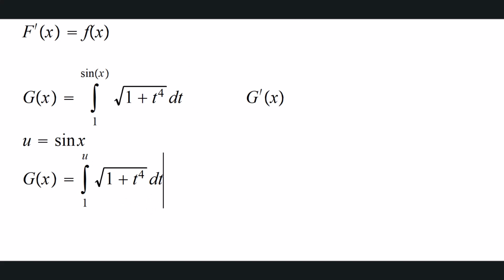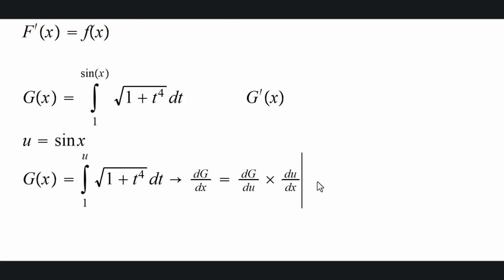So if we are looking for g prime, that is dg over dx, then you can write it as a product of dg du, that is the derivative of g with respect to u first, and then multiply it by the inner portion, the way you did before, that is du dx.